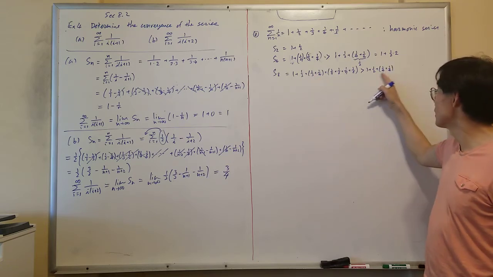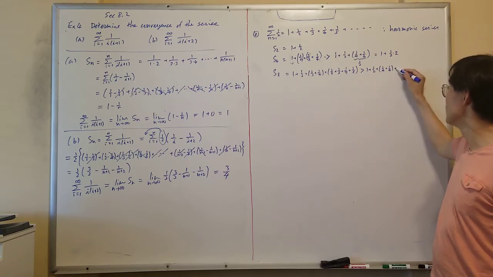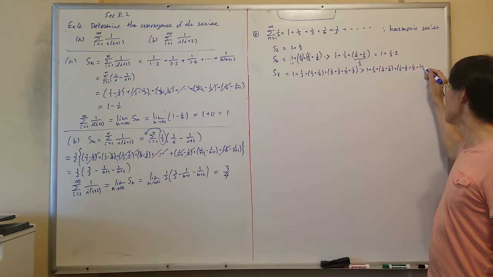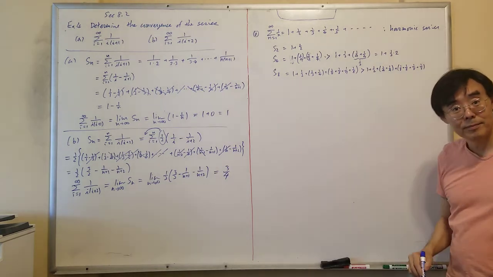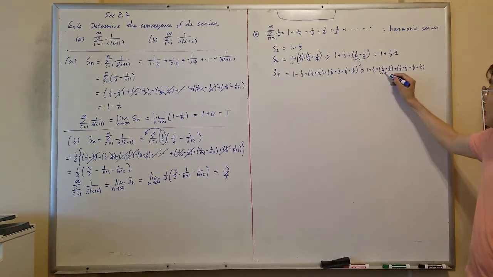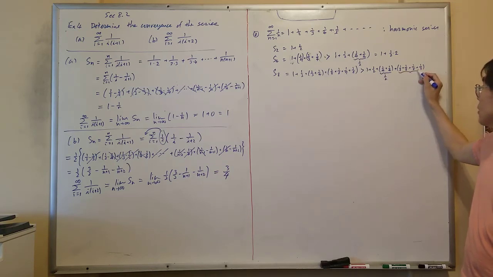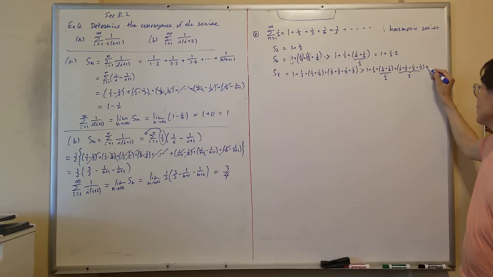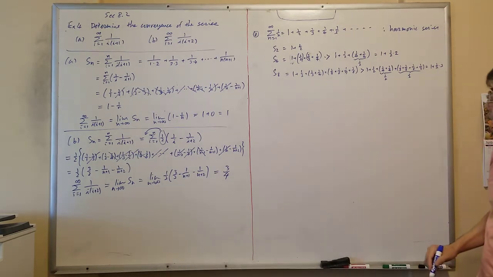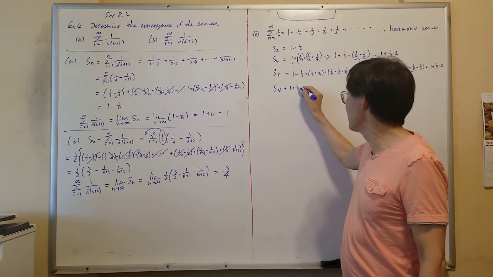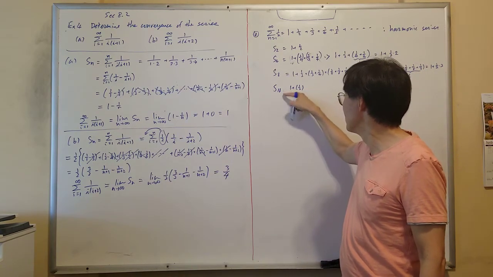The whole thing is greater than this. And also this one is greater than the smallest one. Right? Why did I do that? Then this is 2 times 1/4, 1 half. Another 1 half. So it is 1 plus 1 half times 3. And now you get the idea, right?